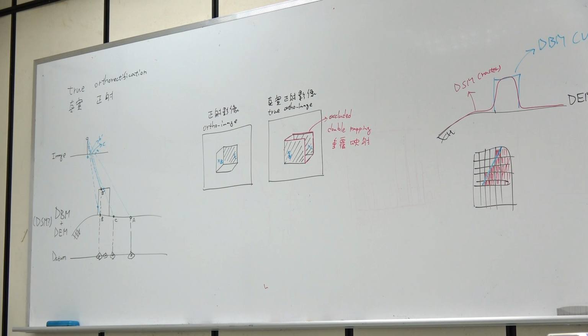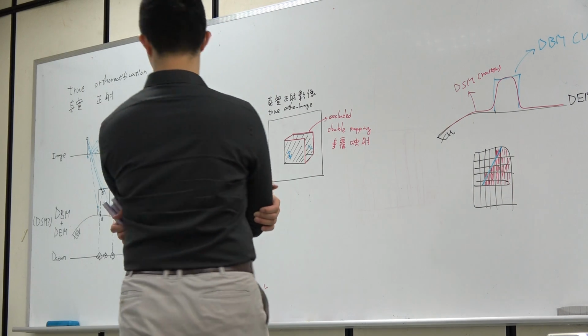That's what you mean? What do you mean by whole surface area? 表面积, the area size of what? Of the building, minus the appeared area in the image. What do you mean by appeared area?